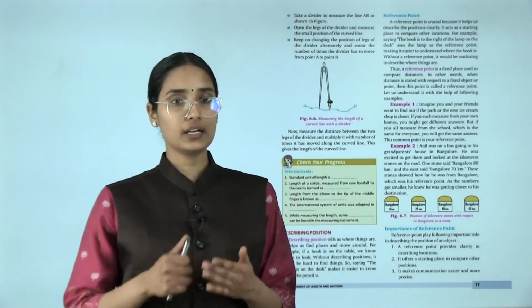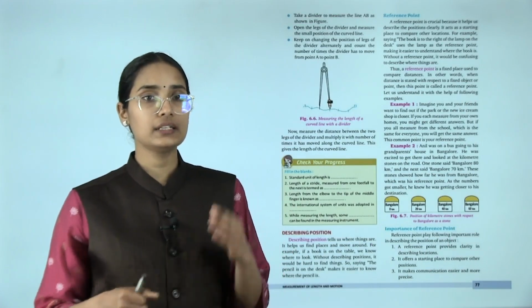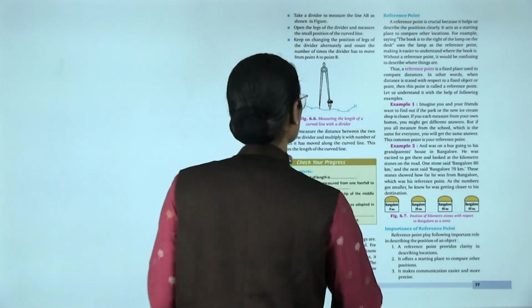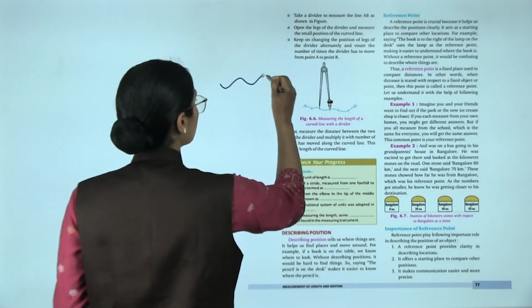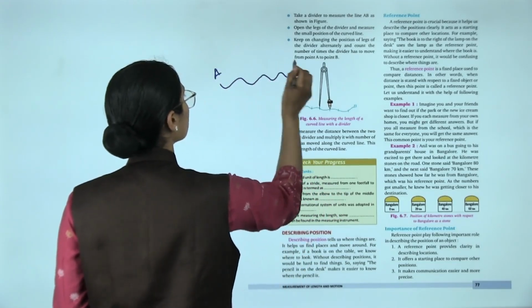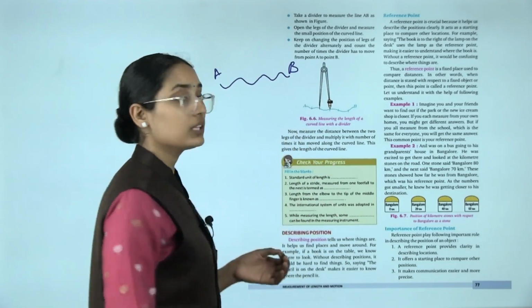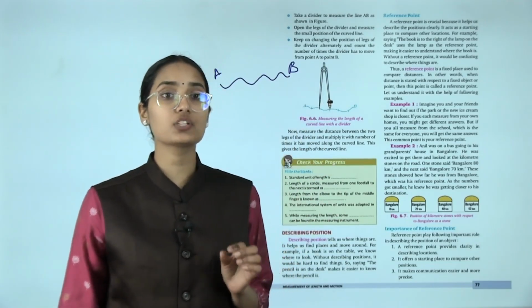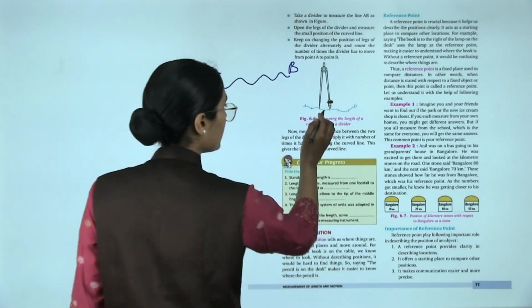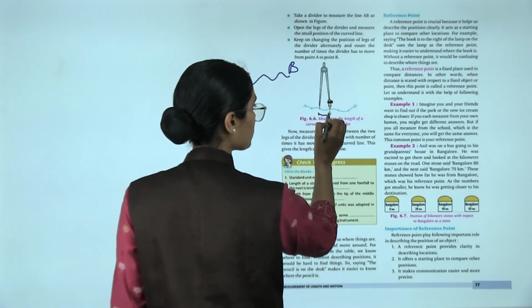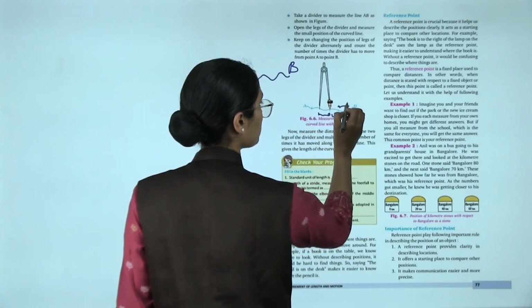So, take a divider to measure a line AB as shown in the figure. This is a curved line. Now, open the legs of the divider and measure a small portion of the curved line. So, what you can do is measure these small portions.